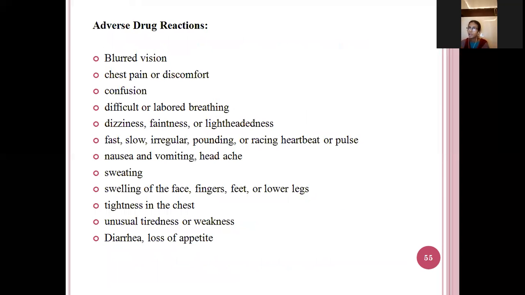Next, adverse drug reactions are blurred vision, chest pain, confusion, difficulty breathing, dizziness, faintness, fast or slow irregular heart rate, nausea, vomiting, headache, more sweating, swelling of the face, fingers, and legs, tightness in the chest, unusual tiredness or weakness, loss of appetite, and diarrhea.